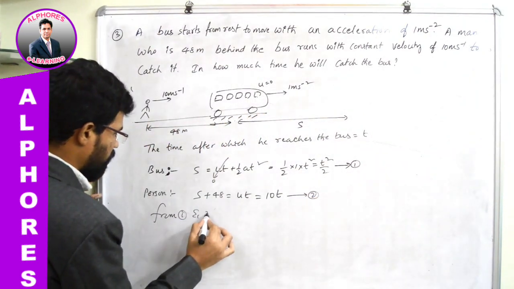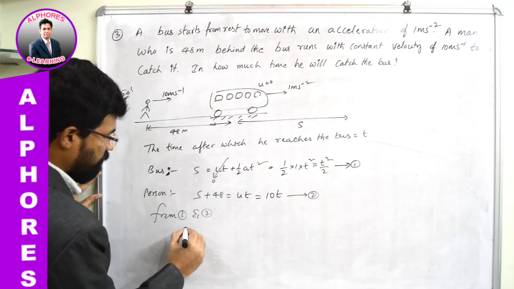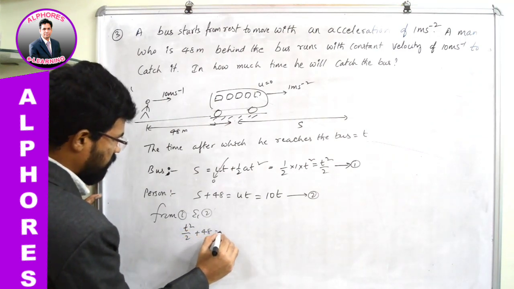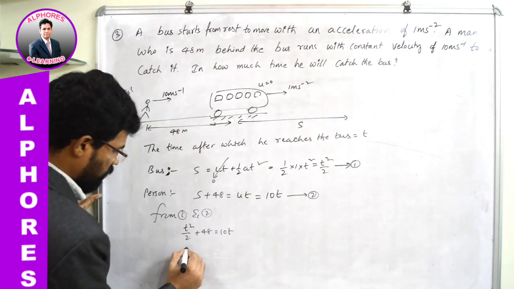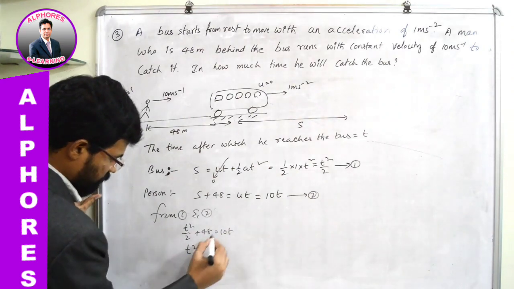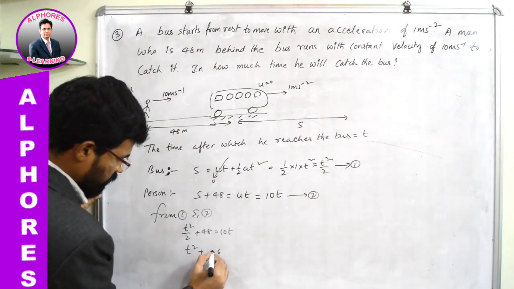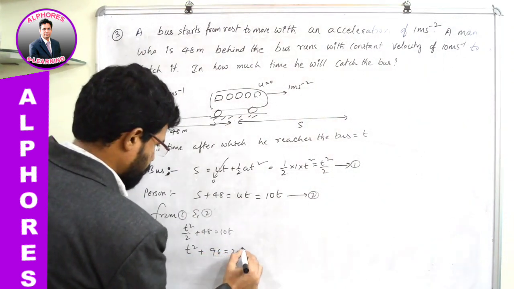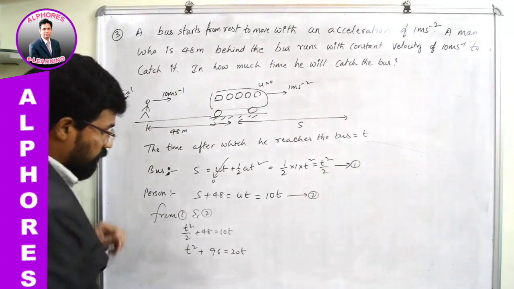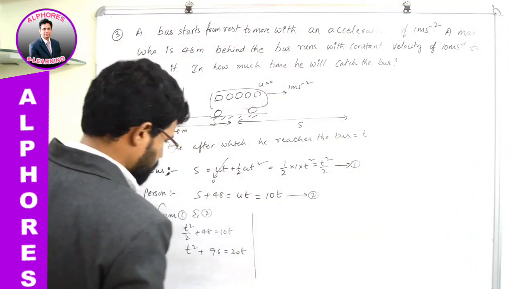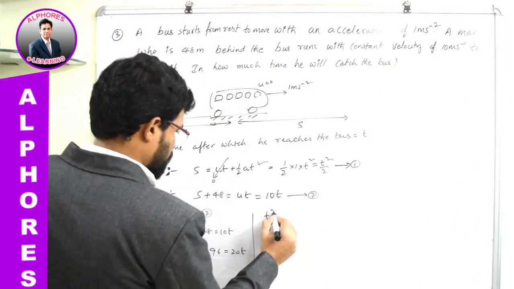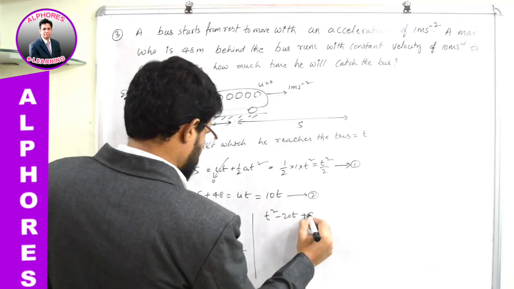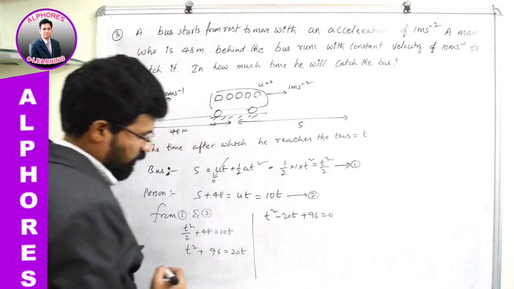From 1 and 2, what can you write? t square by 2 plus 48 is equal to 10t, or t square plus 96 equals 20t. Now let us shuffle this equation a little bit. t square minus 20t plus 96 equals 0. This is a quadratic equation, right?